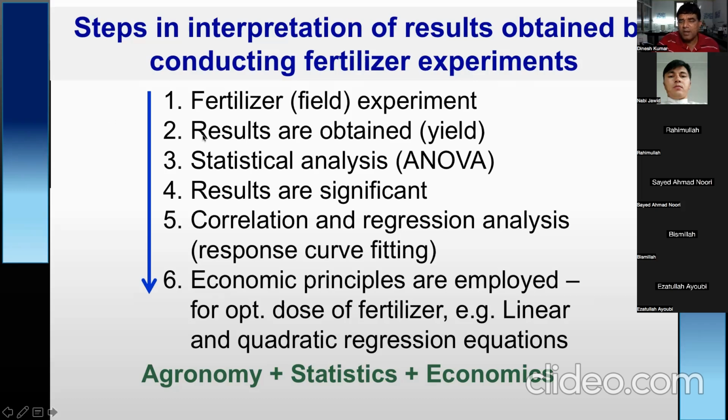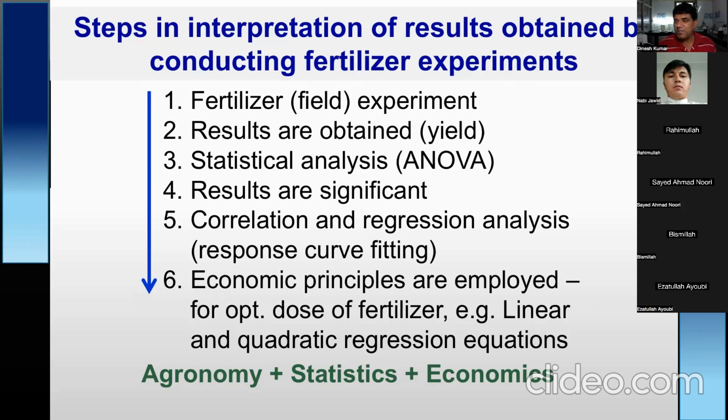So you record the data on the grain yield. Then whatever fertilizer doses you have applied, the respective yields have been recorded. You have recorded yield for control, yield for 40 kg, 80 kg, 120 kg, and all the levels. So the first data is say X0, Y0.